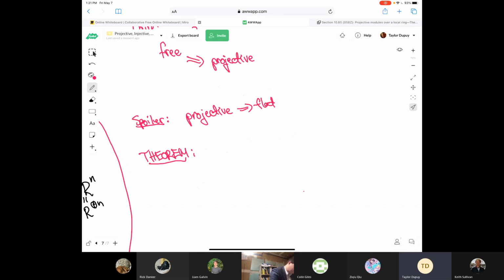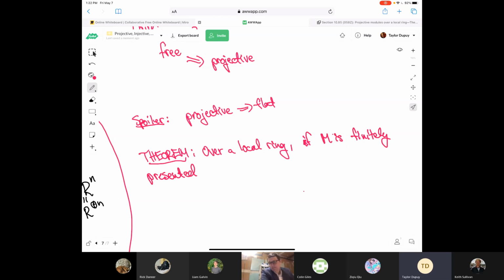So over a local ring, a finitely presented module, if M is finitely presented, okay, so that means that it's finitely generated and that the kernel is also finitely generated.